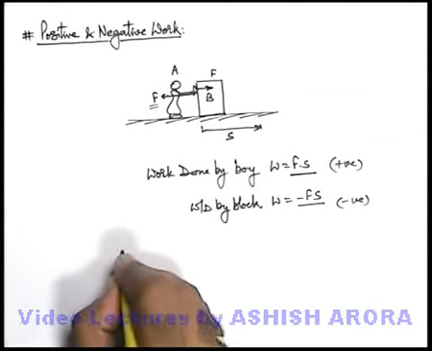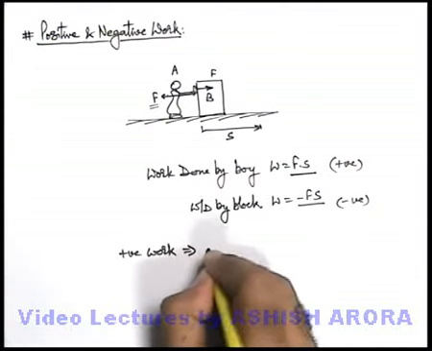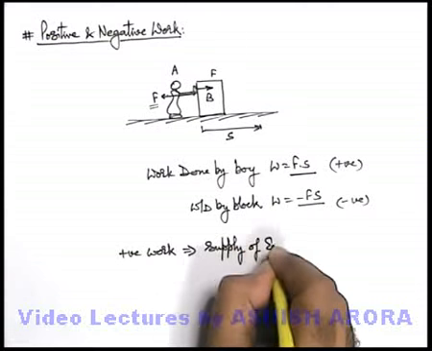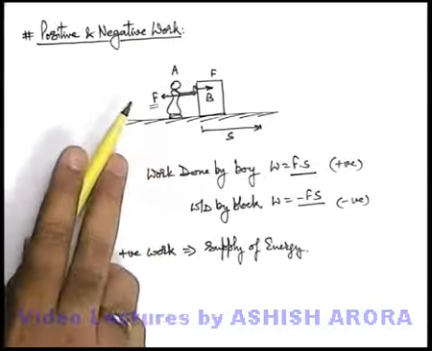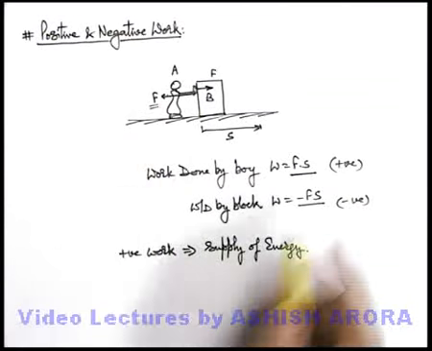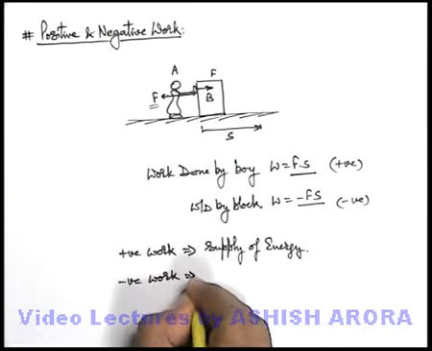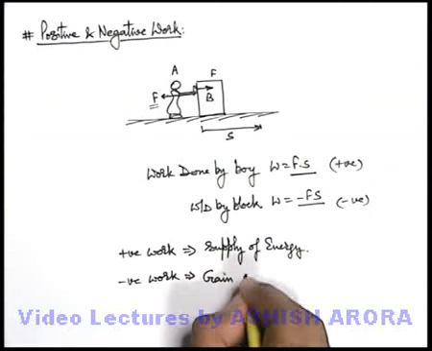Always remember, when we talk about positive work, this implies supply of energy. In this situation, the boy is doing positive work, the boy is producing displacement in the block, so the boy is supplying energy to the block. Similarly, whenever we talk about negative work, which will always occur whenever positive work is done, it is gain of energy.